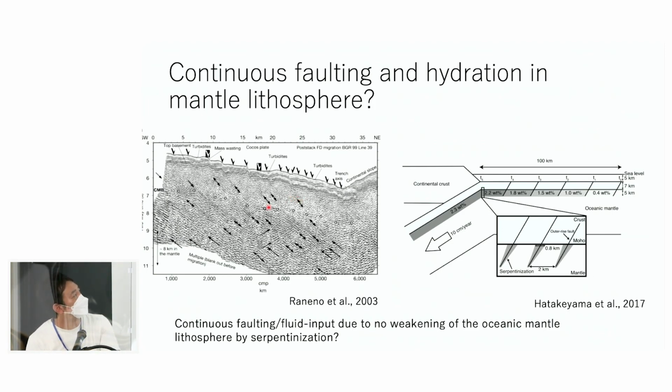That's why we have many outer rise faults. And if we have many outer rise faults, we have a lot of water storage in the subducting mantle. So probably we could lose water, or maybe not. We need to think more about that. So that's it. Thank you very much.